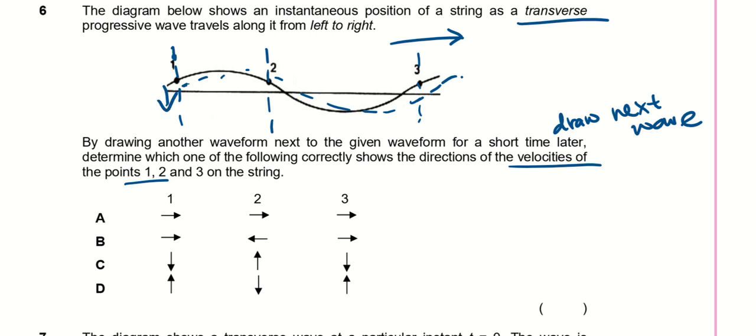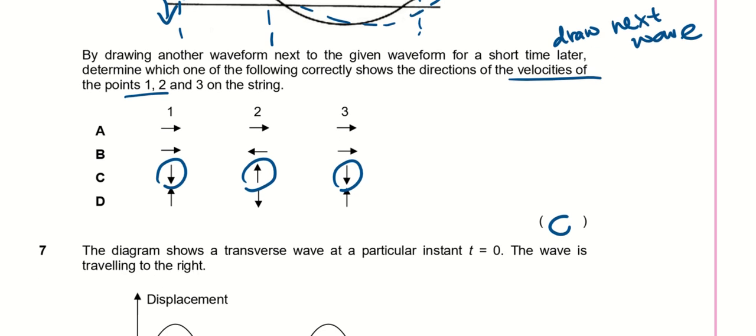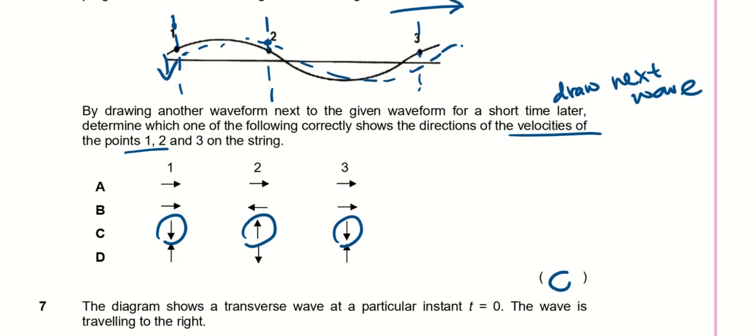Okay, so I have C. For point number 2, it actually intersects up here, so it went up. For 3, it went down. So the answer is C. Basically it's the drawing of the next wave and using a vertical line to see where the particle actually cuts the next wave.